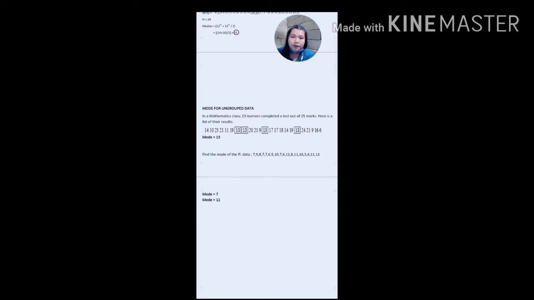So we have two modes, which is what we call bimodal, since it has two modes. The first mode is 7 and the second mode is 11, since 7 occurs 4 times and 11 also occurs 4 times.